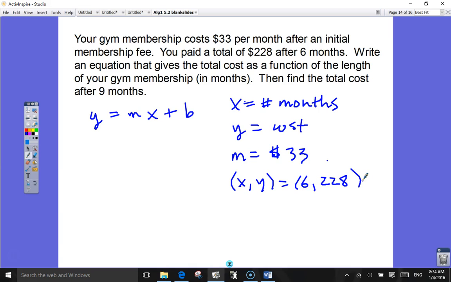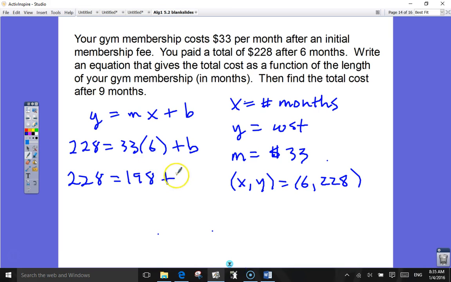So plug it in. And in this case, they didn't just ask you for the answer. They said, write the equation. So actually, we need to write this equation. So I'm going to plug in 228 equals 33 times 6 plus b. Right? 228 equals 198 plus b.